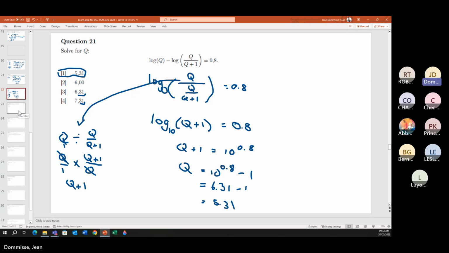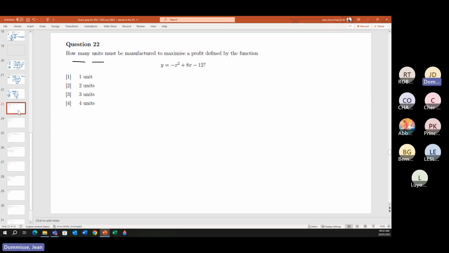Okay, so then we go to question 22. And this one is interesting as well. How many units must be manufactured to maximize a profit defined by the function? So what must we do to maximize?